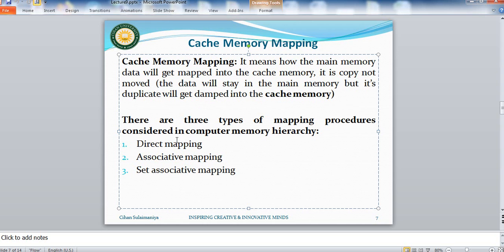There are three types of mapping. As I mentioned at the beginning of the lecture, there is direct mapping, associative mapping, and set associative mapping. Now direct mapping is the easiest map to set in the memory.